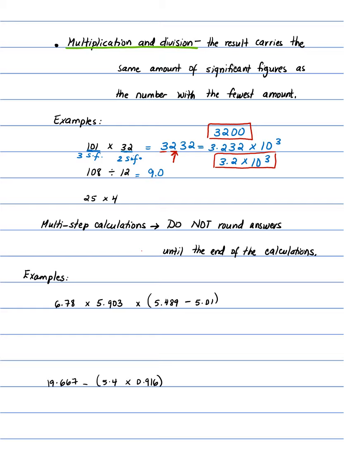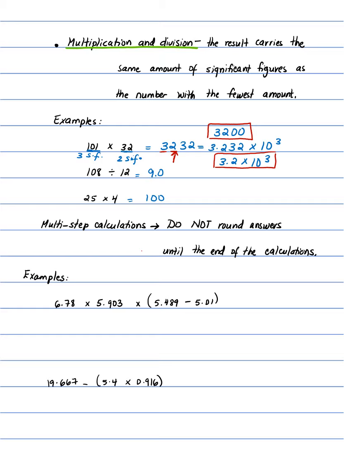Now the last one, you have 25 times 4. 25 is two significant digits. 4 is just one significant figure. So when you multiply 25 times 4, that's 100.